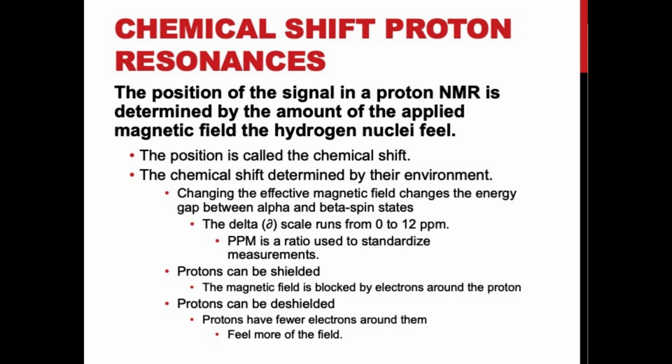Whereas if you used a 300 megahertz NMR and a 500 megahertz NMR, the different frequencies would put that peak in a different place. The ppm basically takes the frequency of the NMR out and just gives us ppm. So the scale runs from 0 to 10.